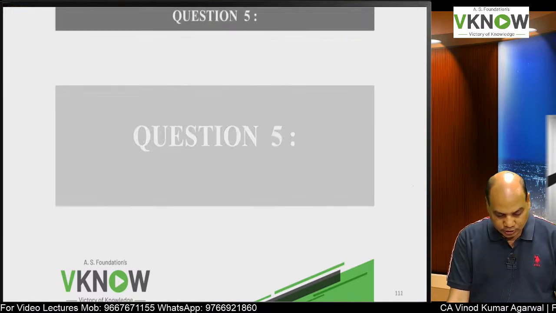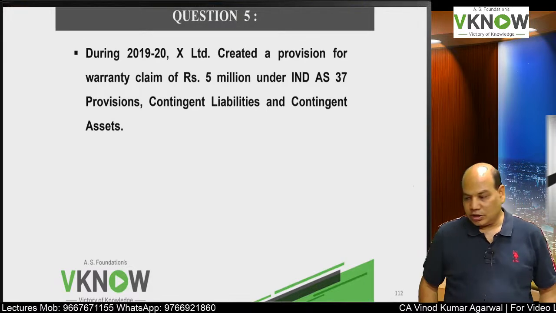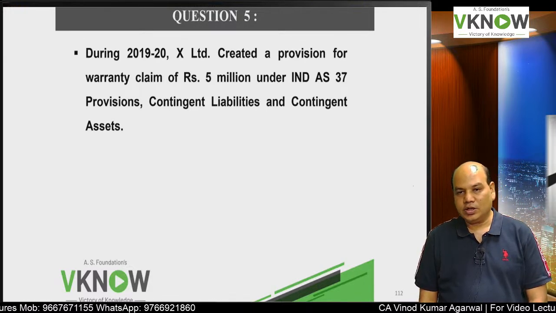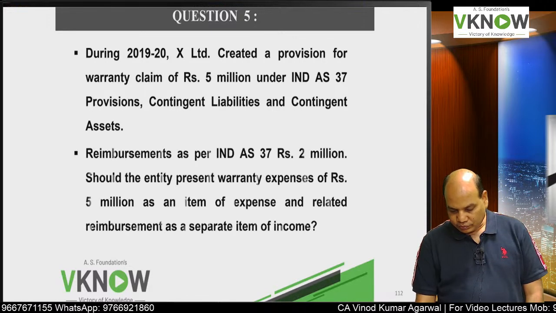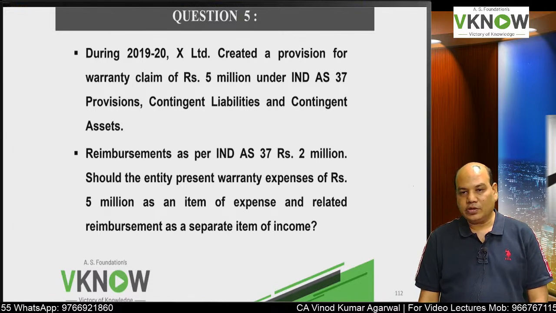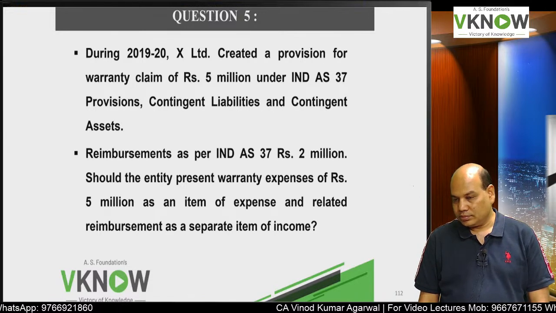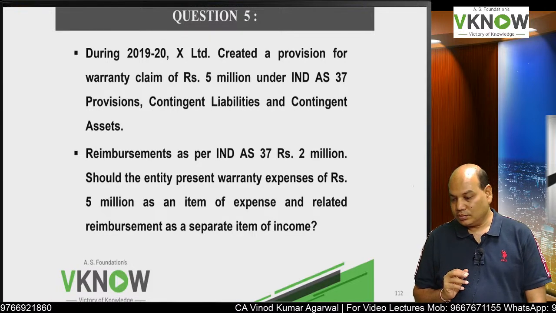During 1920, X Limited created a provision for warranty claim of rupees 5 million under Ind AS 37. So the warranty claim created is 5 million. Reimbursement as per Ind AS 37 is rupees 2 million. Now this question will come again in Ind AS 37.